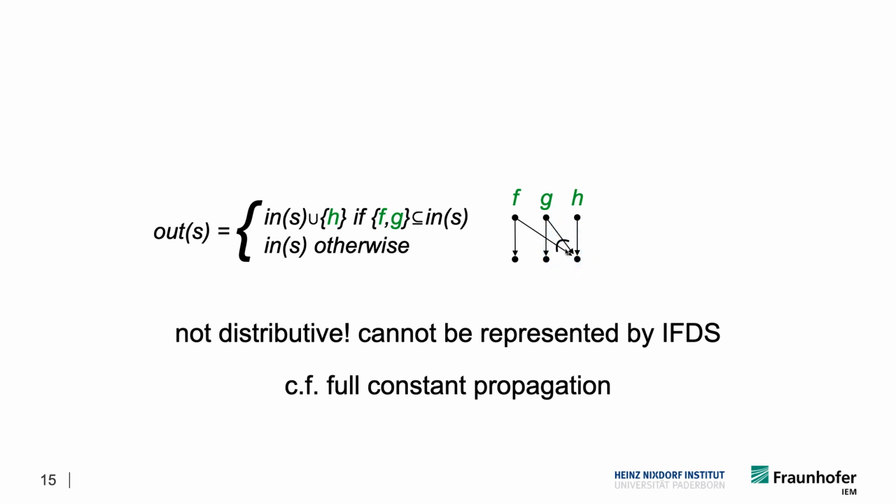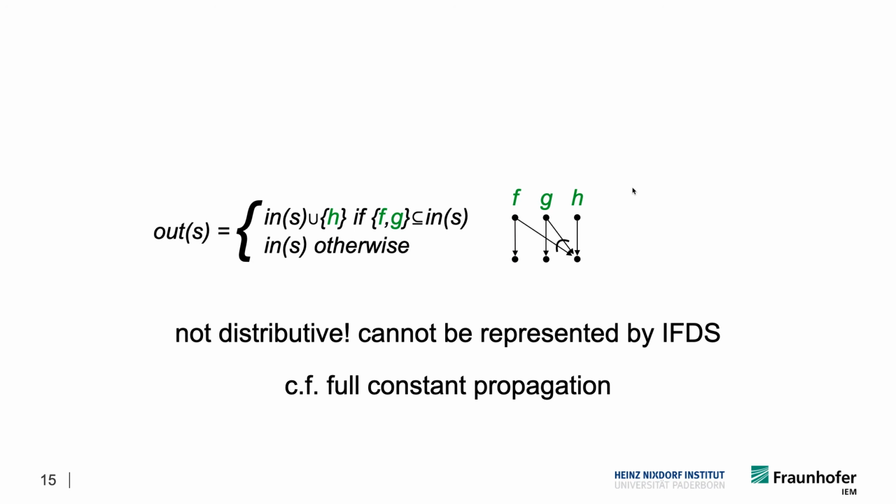And it turns out that when you have such a situation that you depend on precise information about multiple input values, then you leave the realm of distributive analysis problems, at least in general. So you get something that is not distributive anymore, and that cannot be represented by IFDS, therefore. And one such problem, for instance, that you have seen already in the previous lectures is full constant propagation.